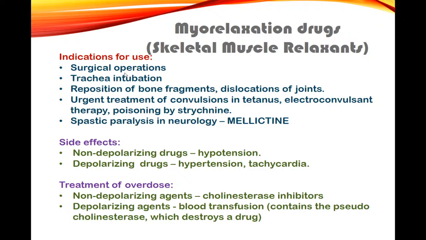For surgical operations on abdominal cavity organs, for example, we use peripheral muscle relaxants to prevent bleeding during separation of muscle before peritoneum cutting. Sometimes we use them for urgent treatment of convulsions in tetanus, in poisoning by strychnine. Sometimes for treatment of spastic paralysis in urology, the agent mellictin.